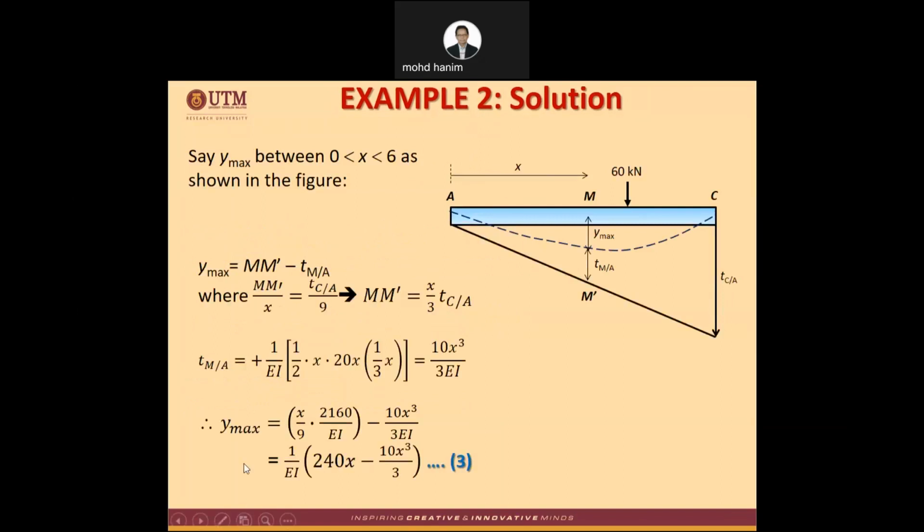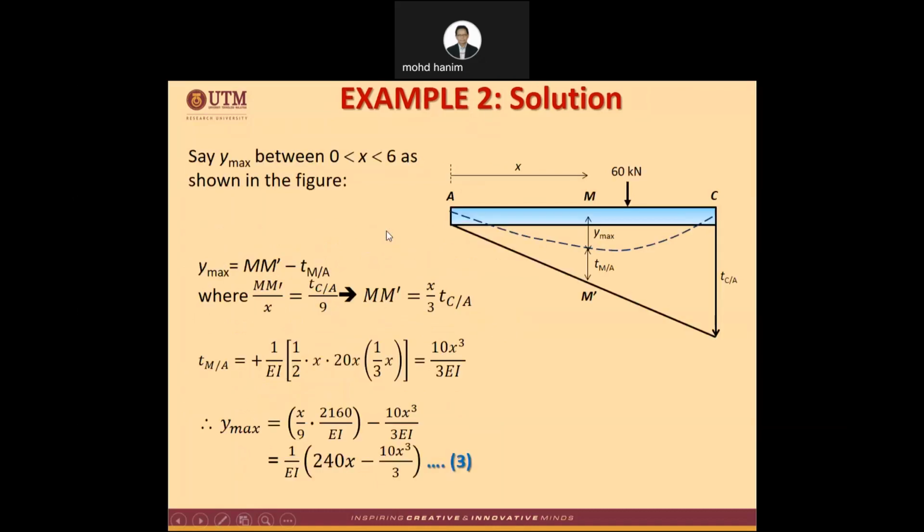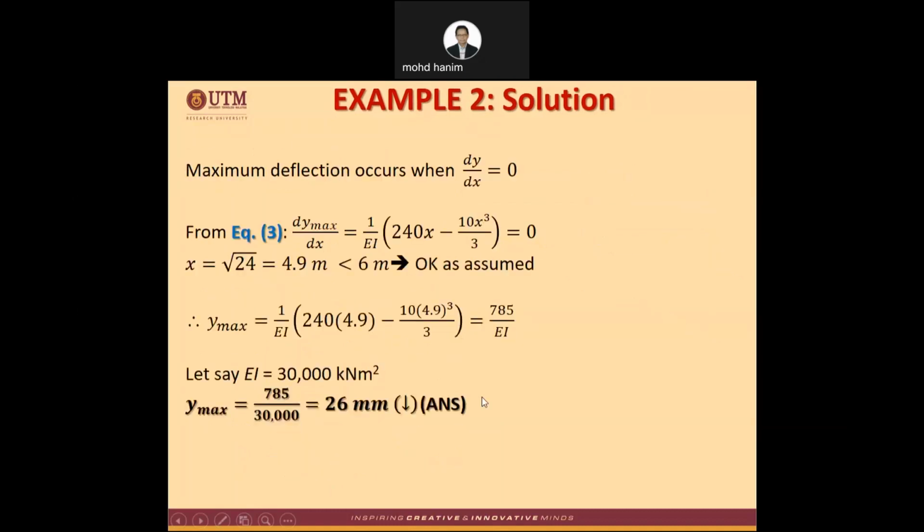Here, okay, dy max dx equal to 1 over EI, 240 minus 10x divided by 3 equal to 0. Which, if we solve this equation, x equal to 4.9.